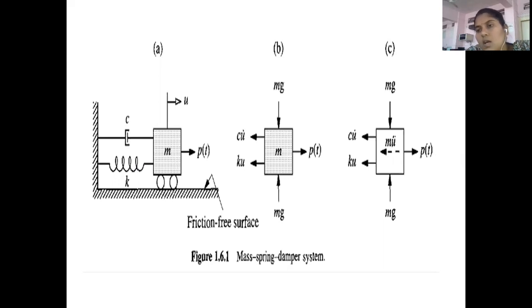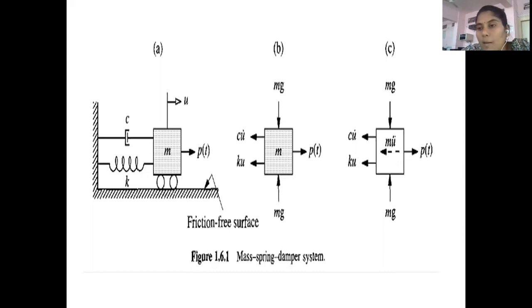U is nothing but a displacement, U dot is nothing but a velocity, and U double dot is nothing but an acceleration. Means C is nothing but a damping coefficient, U is a displacement. So here K into U is this restoring force, and C into U dot is the damping force.